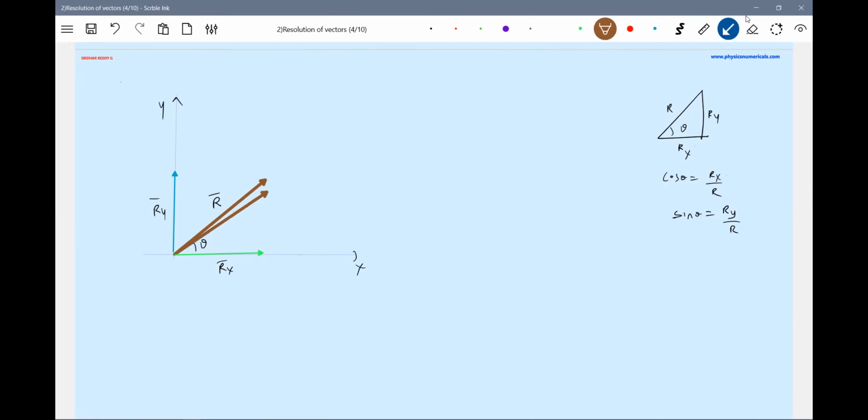A component of the vector along the x-axis is Rx, a part of it. Then a part of this R bar along the y-axis, that is Ry. I'm breaking up this vector into two parts. One part is Rx, the other part is Ry.